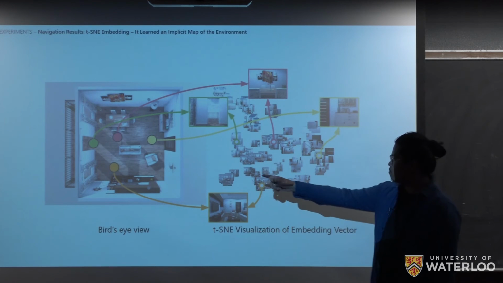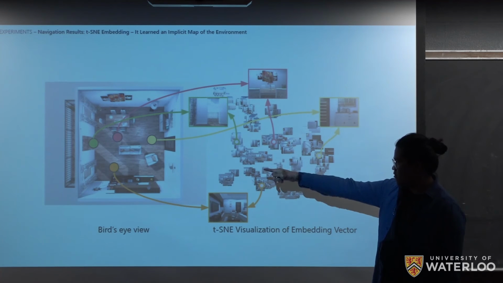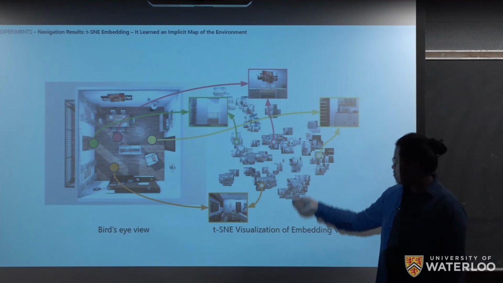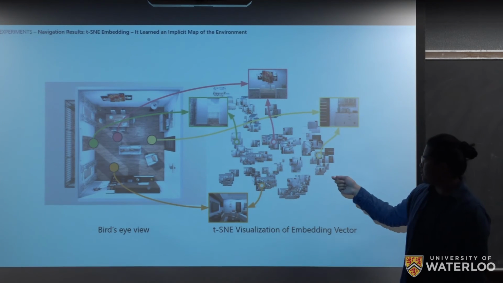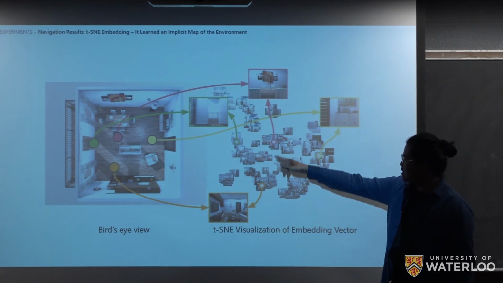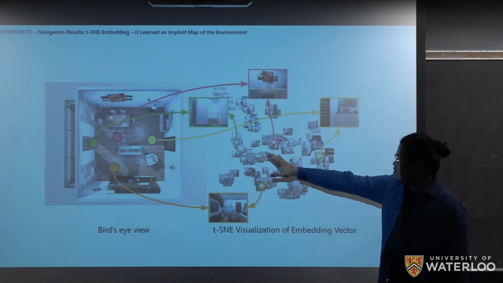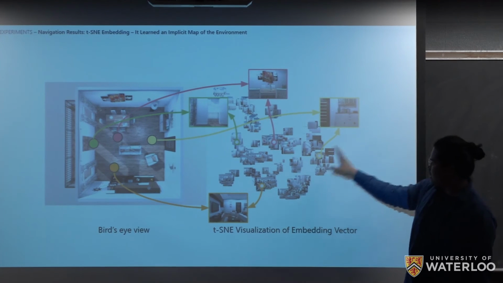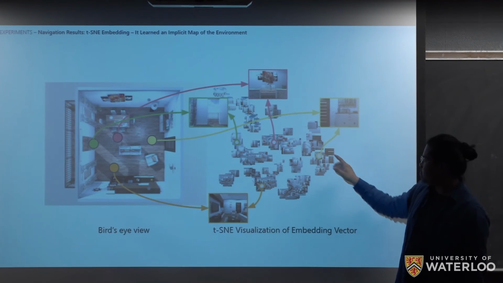And if you look at the bird's eye view and look at the dots, the green dot, the red dot, the yellow dot, and the orange dot, and you look at the position of the equivalent dots of the images in the t-SNE embedding, we have a similar layout spatially. So we have the green dot most left, and the yellow dot most right, and this orange dot here at the bottom, and the red dot just in between.